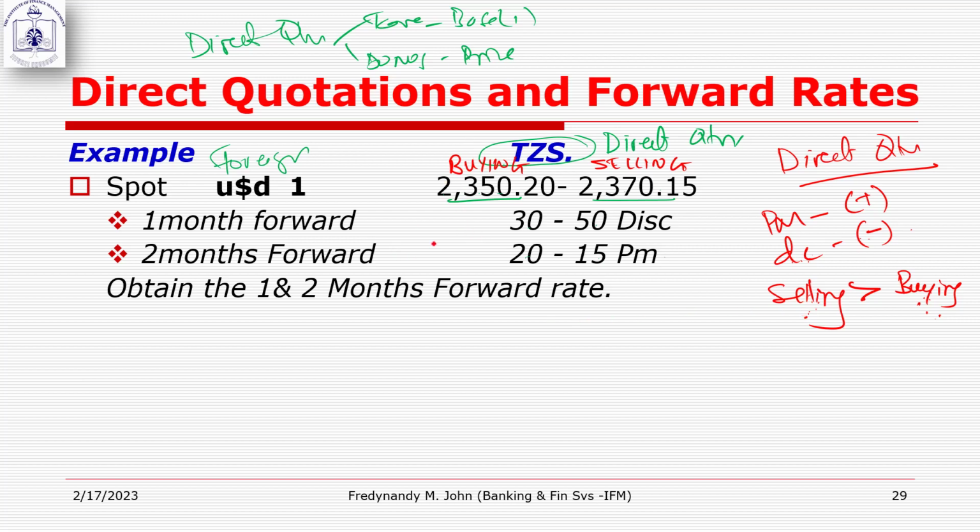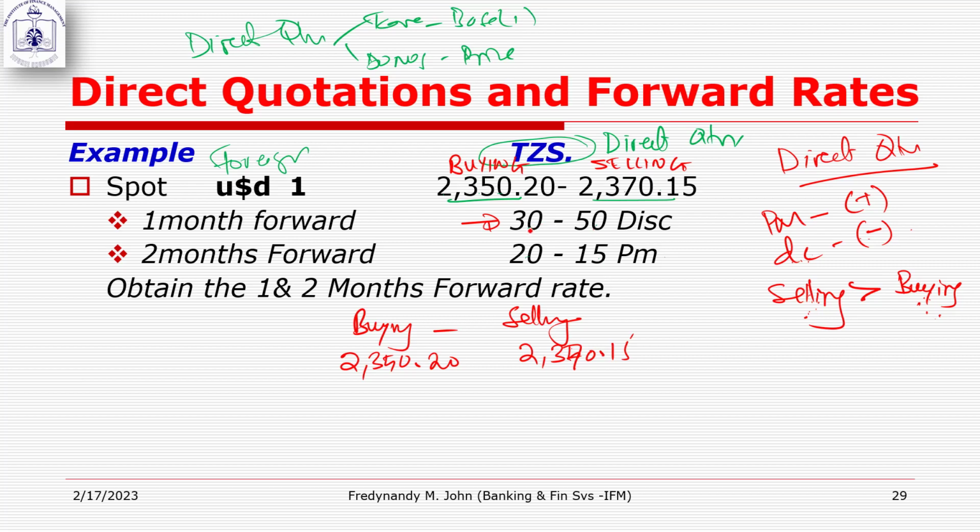Let's do this example. In this example here, we see that on one side we have the buying, and on the other side the selling. Buying is 2,350.20, selling 2,370.15. Now, 1 month forward, we are given the discount 30 and 50.